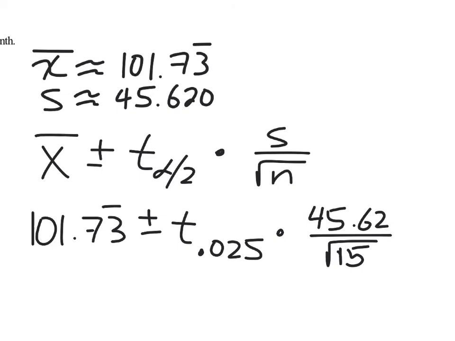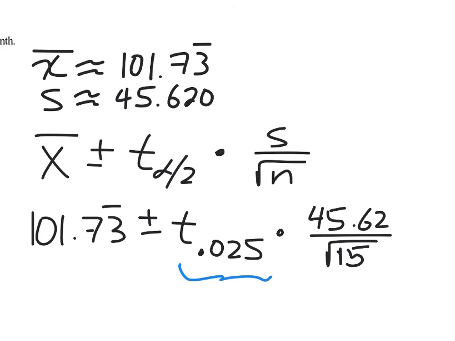The big key ingredient is going to be this guy. Second, vars. Here's an option: instead of inverse norm, we're going to use inverse t. What do we do for DF? The degrees of freedom is going to be n minus 1. So n is 15, so we're going to put in 14.